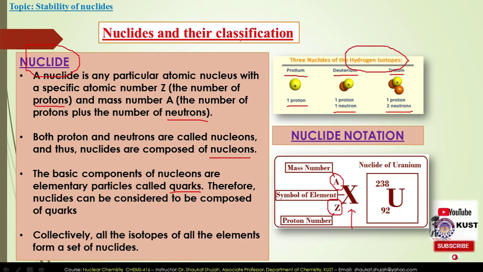Now, for example, if we want to illustrate the nuclide notation for one of the isotopes of uranium, which contain 92 protons and 146 neutrons, then we will write the symbol of element uranium U and place the proton number 92 and mass number 238 as subscript and superscript on the left hand side of the symbol.